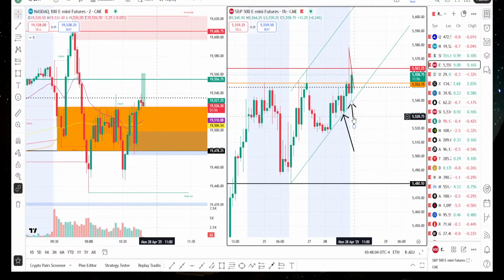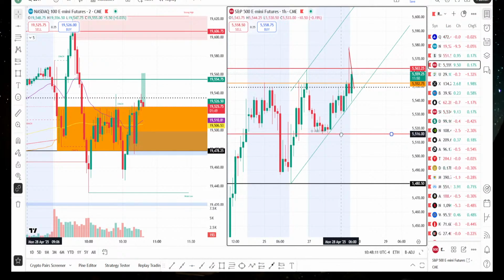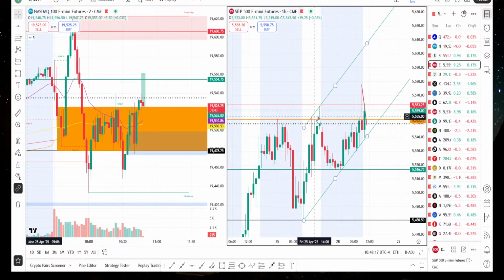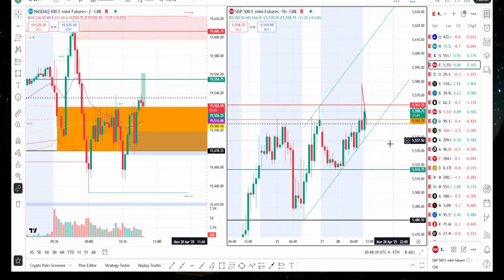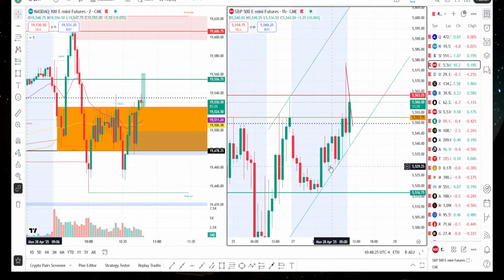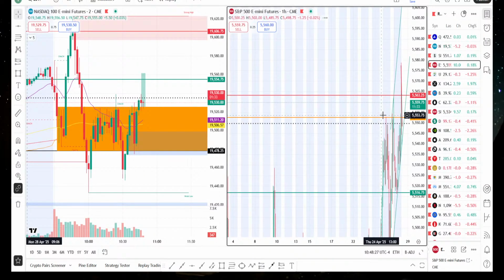Keep it simple. Support right here. Resistance up here. This orange line could be either support or resistance, and then the red is clearly resistance as well.